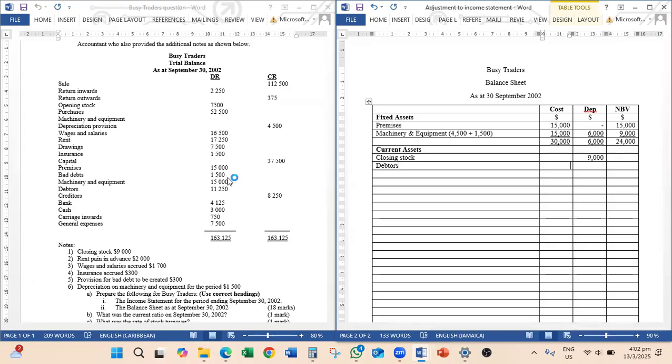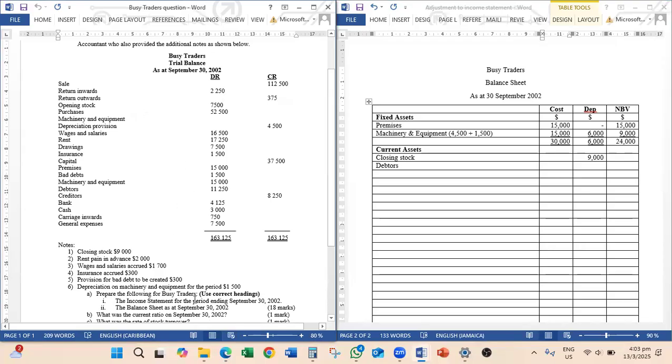When you're doing adjustment, you have to be careful when you're recording the debtors figure, because if you have provision for bad debt, then that is what we will have to use to adjust the debtors figure. In the trial balance, you may find a provision for bad debt figure, right? And if there's a provision for bad debt figure in the trial balance, you would not use that in the profit and loss.